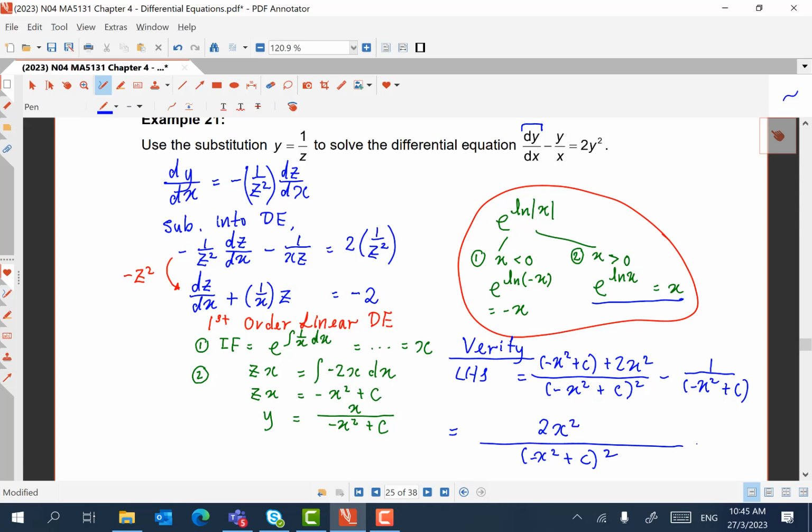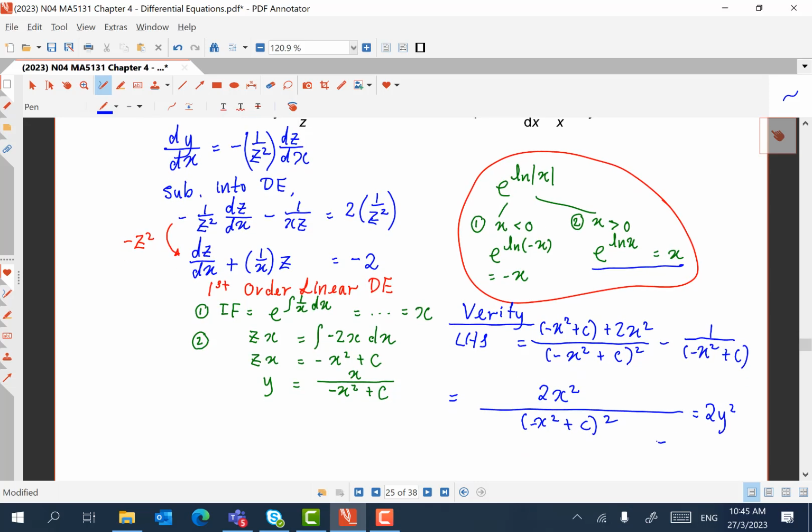And this is indeed 2y squared equals to the right side. So actually it works. So how should you view this thing though? You just view this thing about the IF as just a very not so refined method to make things work.